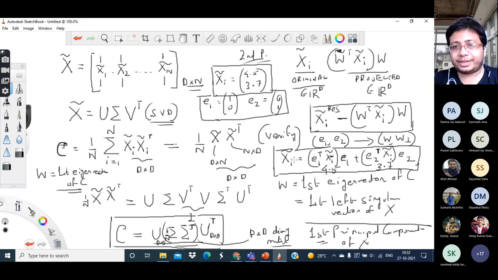So xi tilde is 4.5 E1 plus 3.7 E2. E1 is the vector 1 0 and E2 is the vector 0 1. So according to this expression, xi tilde is 4.5 3.7, which is what it is.